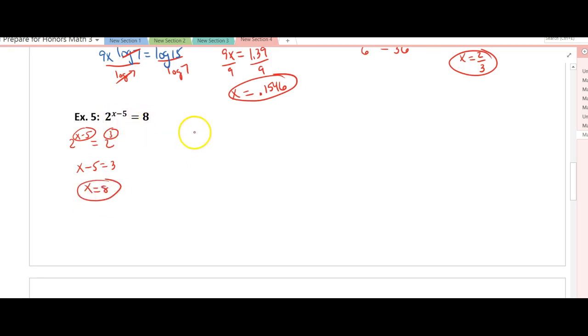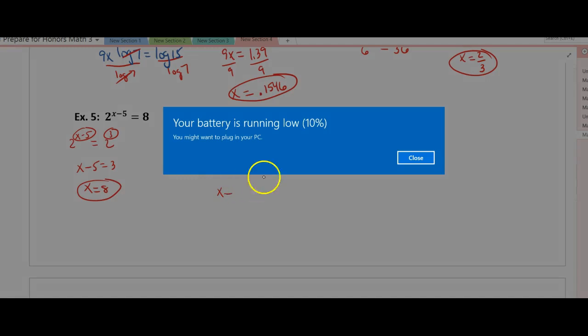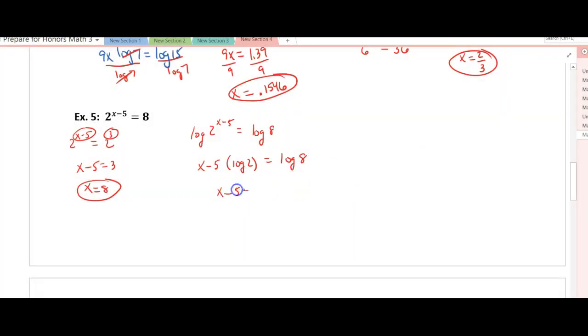But what if I use the logarithm here? Well, if I take the log of the left side, 2 to the x minus 5 equals log of 8. Now, x minus 5 comes down, all right, so it's x minus 5 times the log of 2 equals the log of 8. Now, x minus 5 equals log 8 divided by log 2.